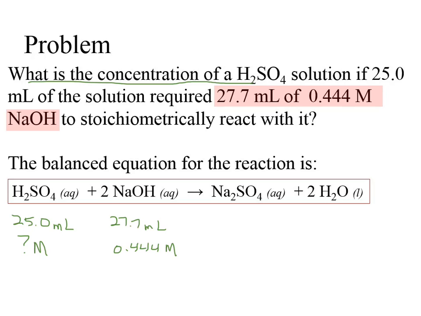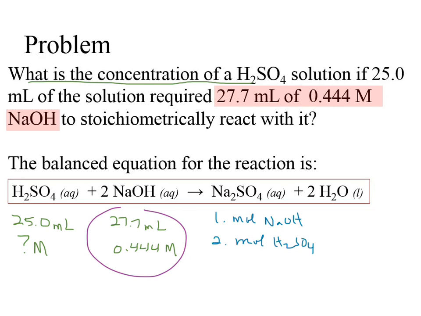So here it's different. What you know most about is your NaOH. So step number 1 is going to be to get to moles of NaOH. And step number 2 is to get to moles of the other thing, H₂SO4. That will be our stoichiometric ratio. I'll just put stoic ratio. And then if we have the moles of the H₂SO4, notice that we can take those moles, divided by that volume to get molarity.